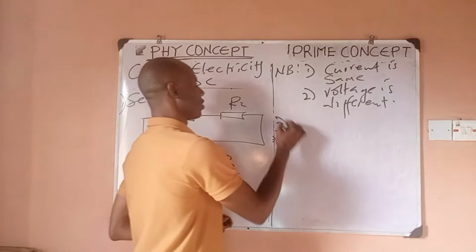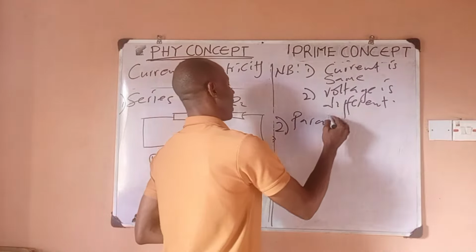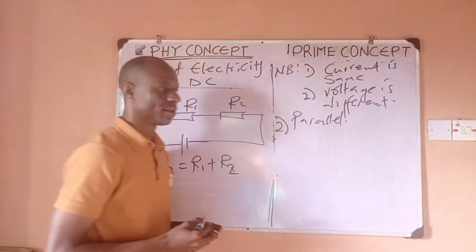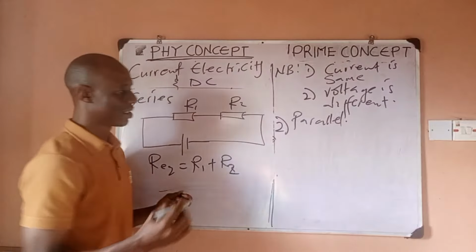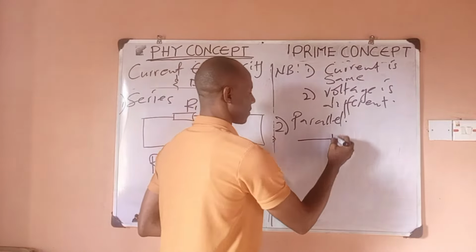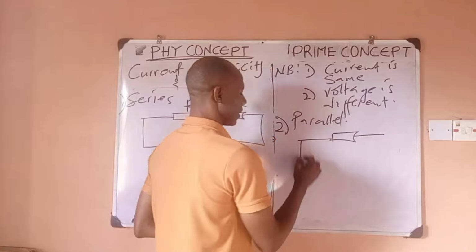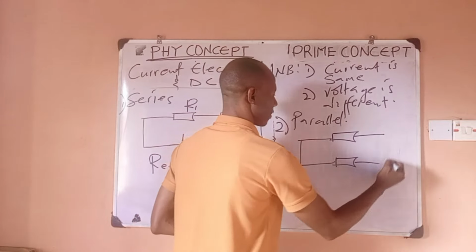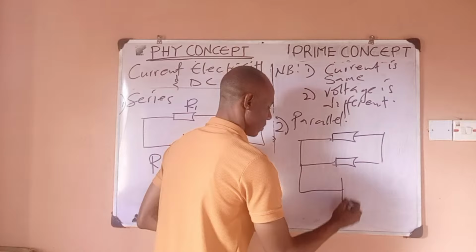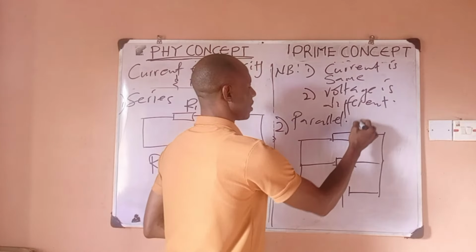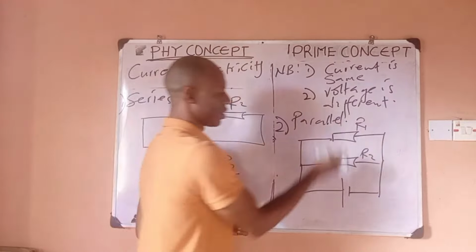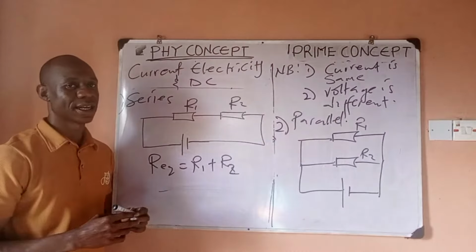Now, we want to look at parallel arrangements. How do you connect resistors in parallel? You have them like this. So these resistors, R1, R2, are connected in parallel.